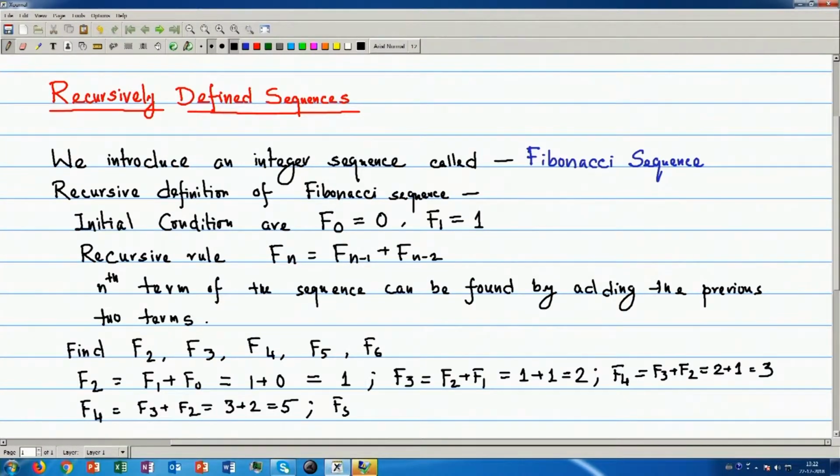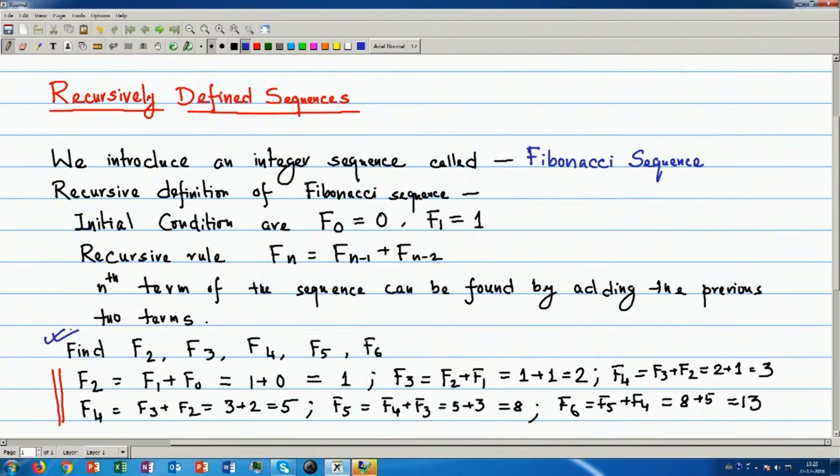Then f6 is f5 plus f4, 5 plus 3 is 8. And if I continue in this way, we will get the values of the different terms of the sequence.